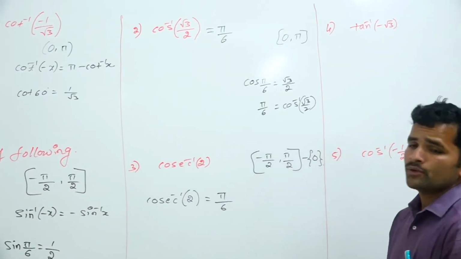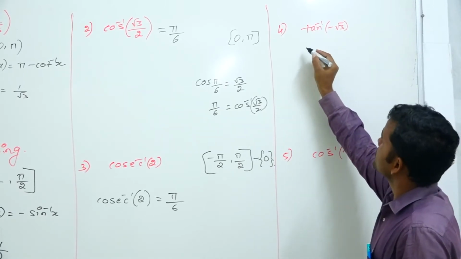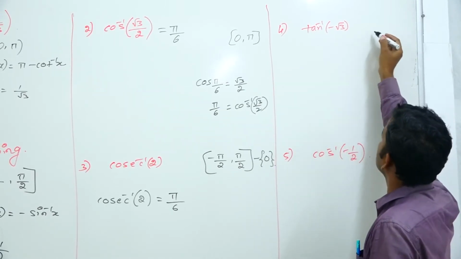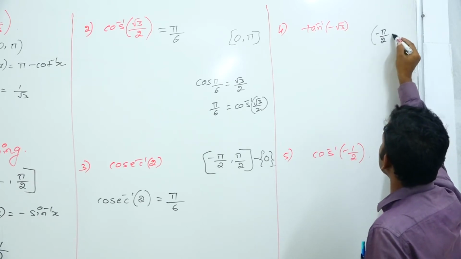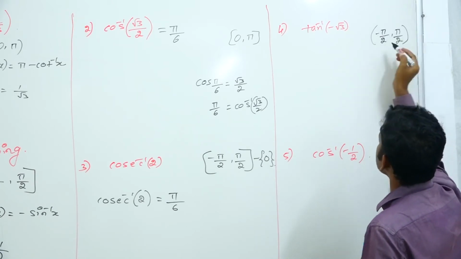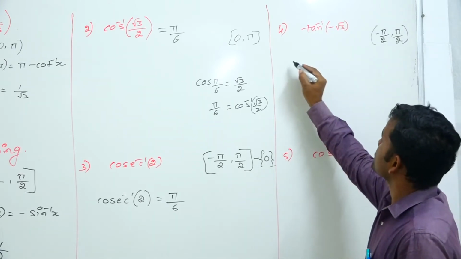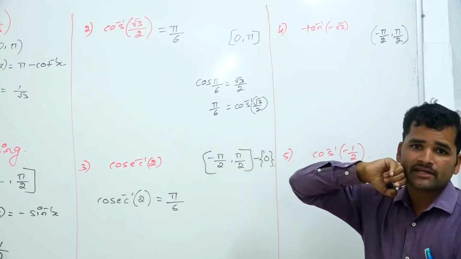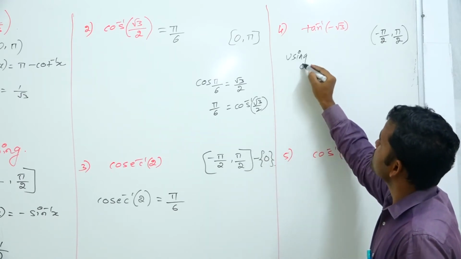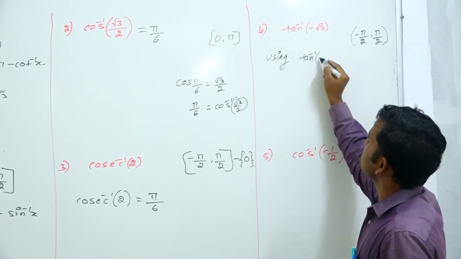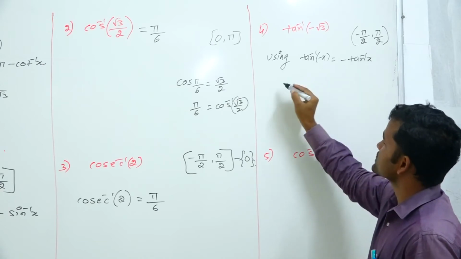Coming to the fourth one, tan inverse of minus root 3. It is again coming to the principal value branch. The principal value branch is the open interval minus pi by 2 to plus pi by 2. We have tan inverse of a negative value. Use the property tan inverse of minus x is equal to minus tan inverse of x.